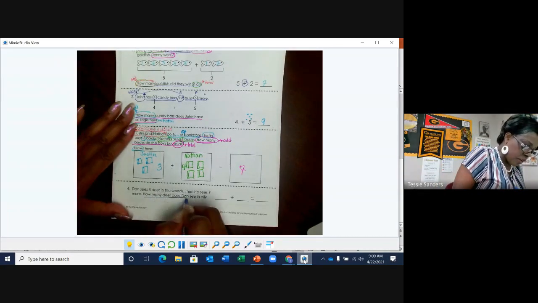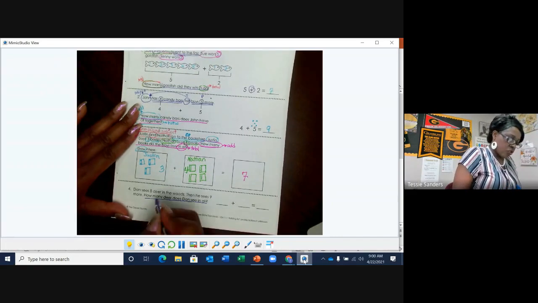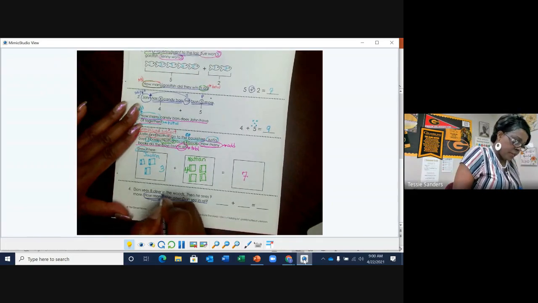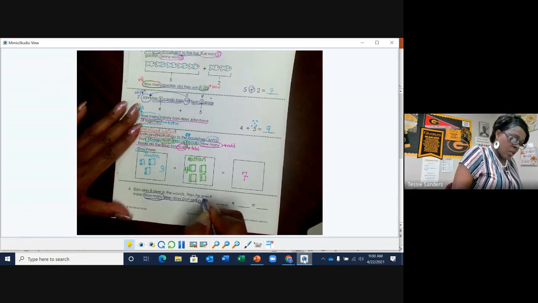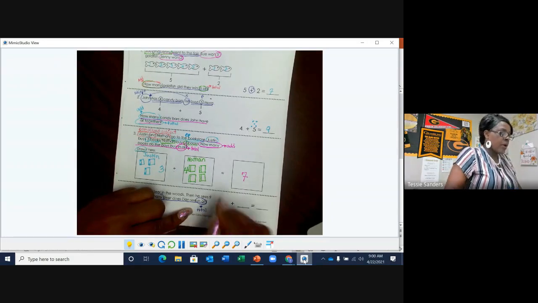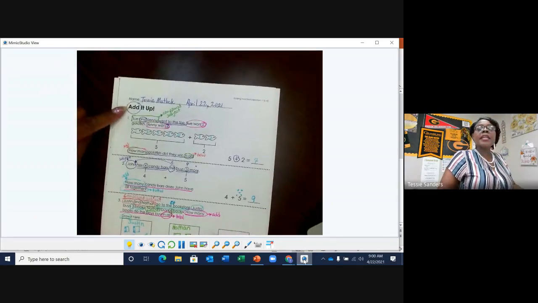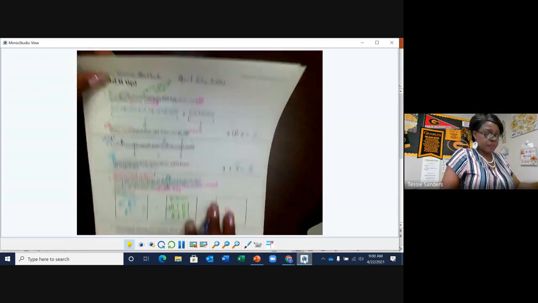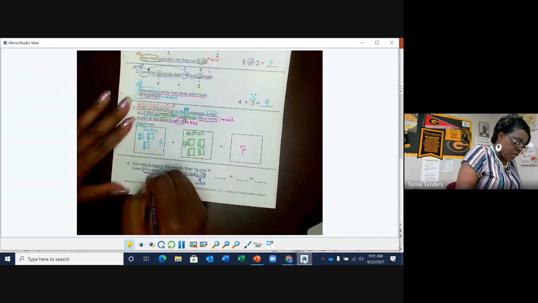Circle how many, circle in all. Again, this is the total. In all means total. You're going to add it up. How many means that you're going to add.